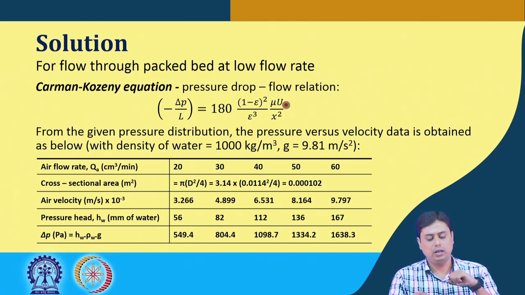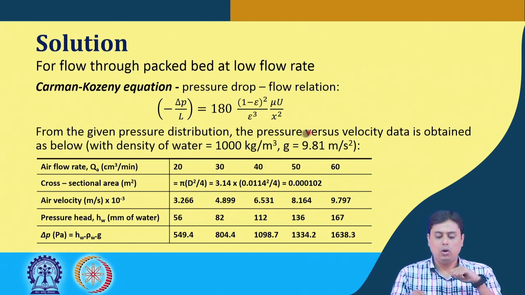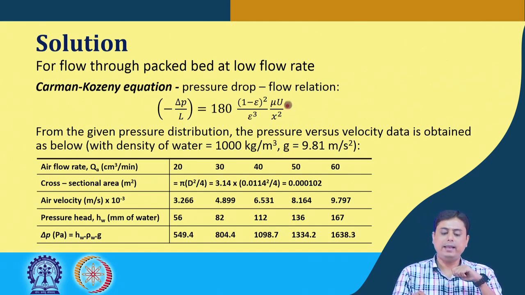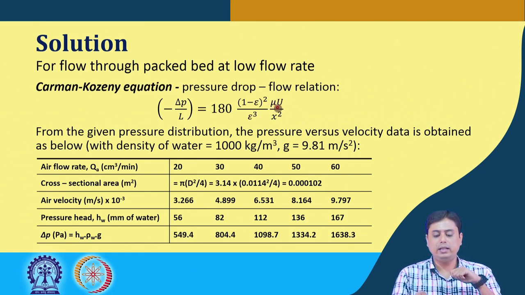Here the fluid is air and x is the diameter of the particle. So the unknown here, you can understand directly, is x, which has been asked, and the other values are given somehow in the problem statement, which we have to identify.